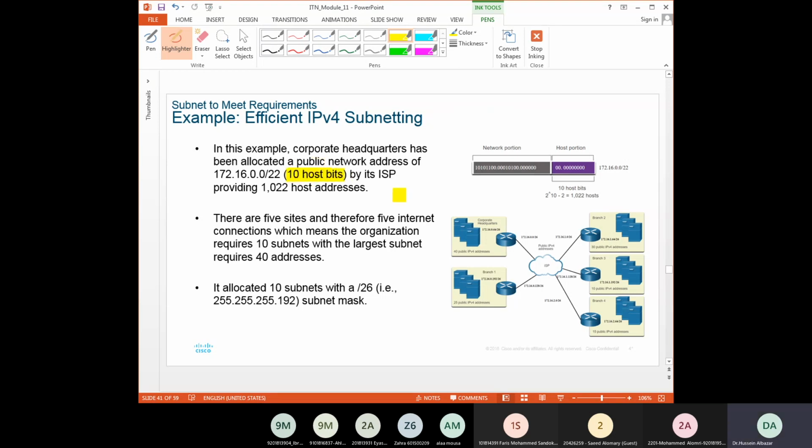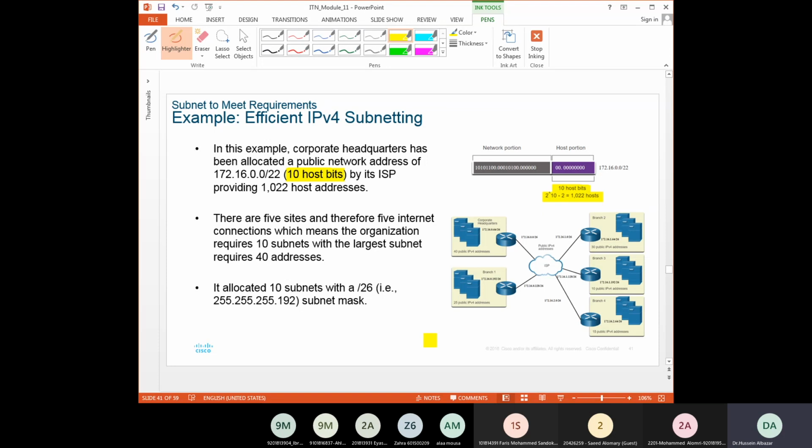So how many available host addresses do we have? 2 to the power 10 equals 1024, minus 2, gives 1022 usable host addresses.